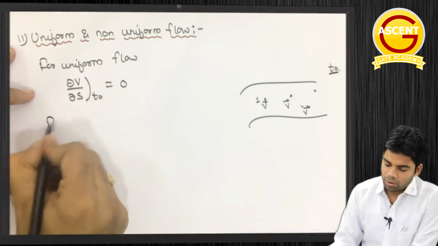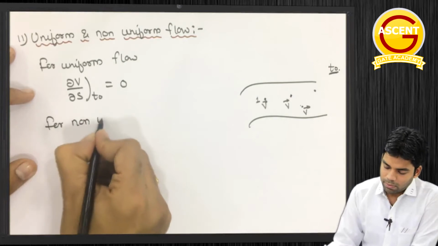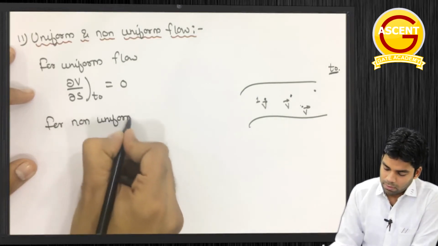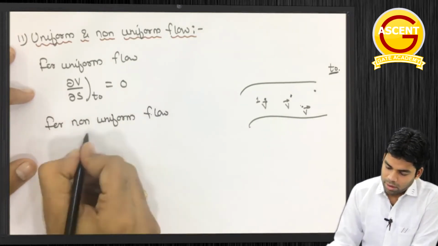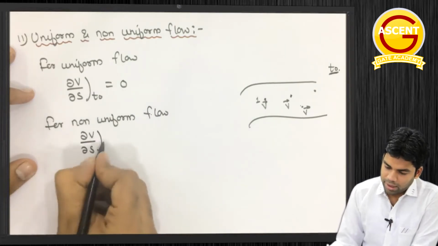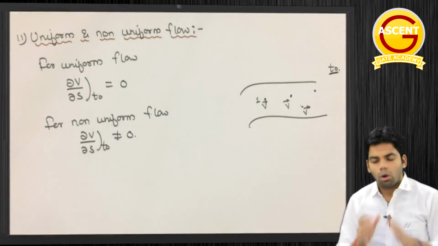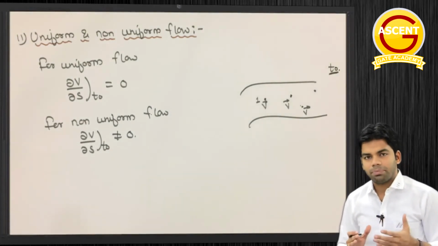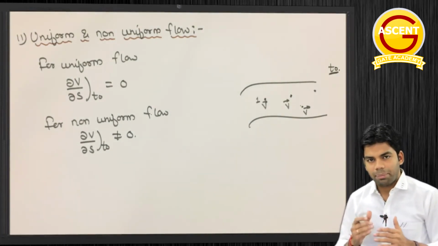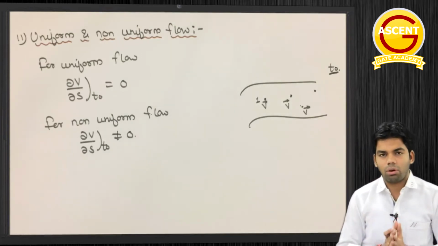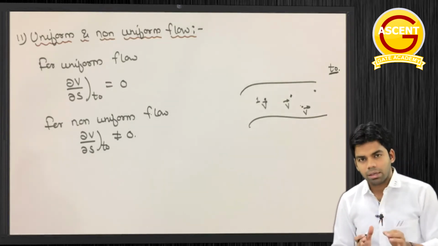Similarly for non-uniform flow, del v by del s at t naught is not equal to 0.